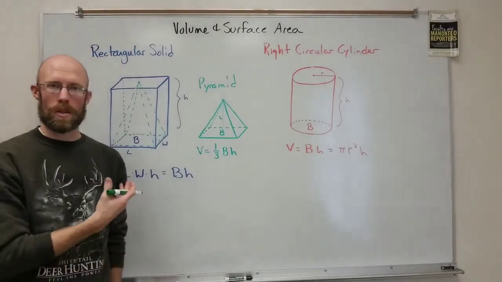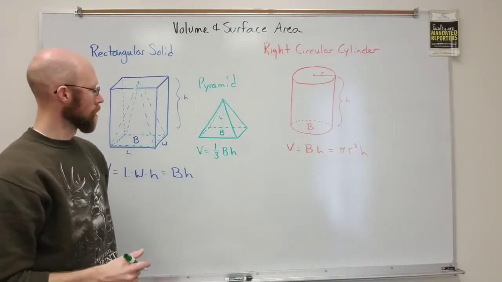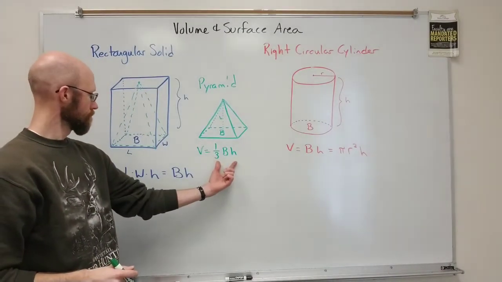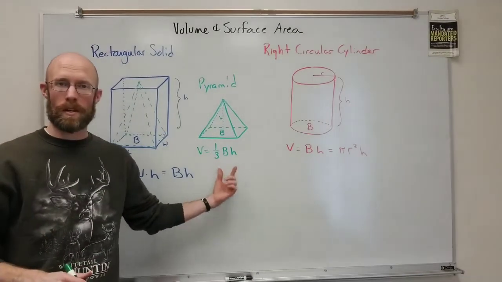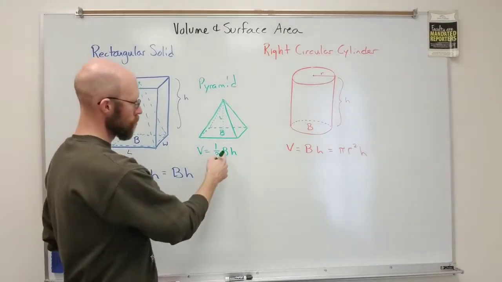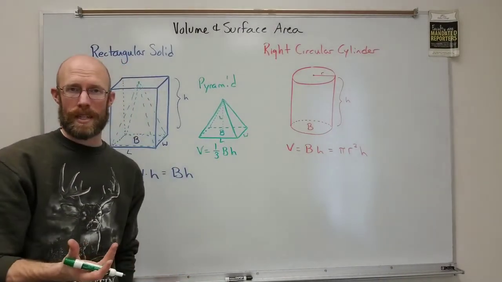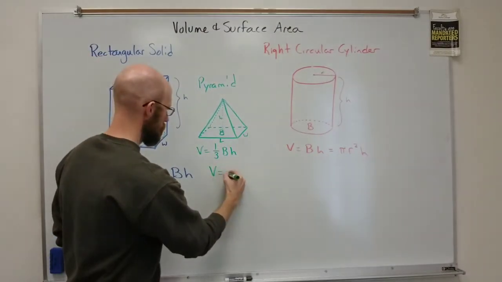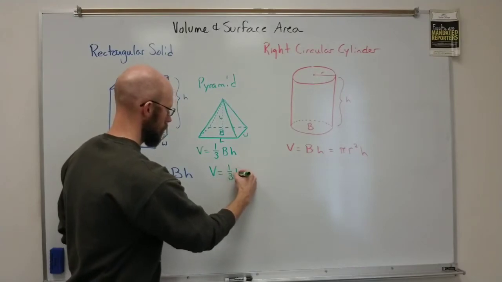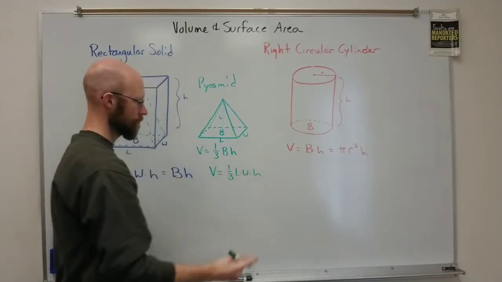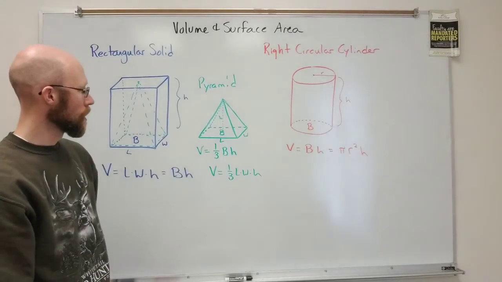All right, so that will give you the dimensions there for the volume. And of course you could replace the B with an L and a W if you wanted to, because that is a rectangular base. So the volume is 1/3 length times width times height. Okay, that would also work.